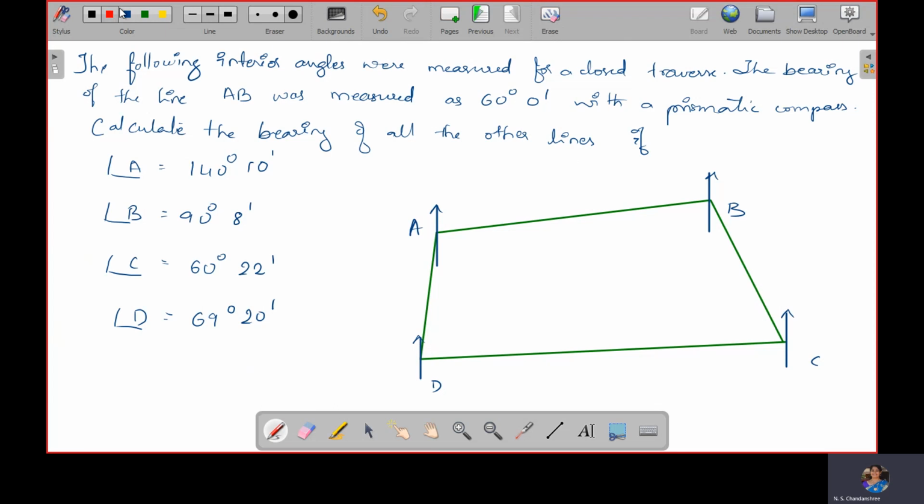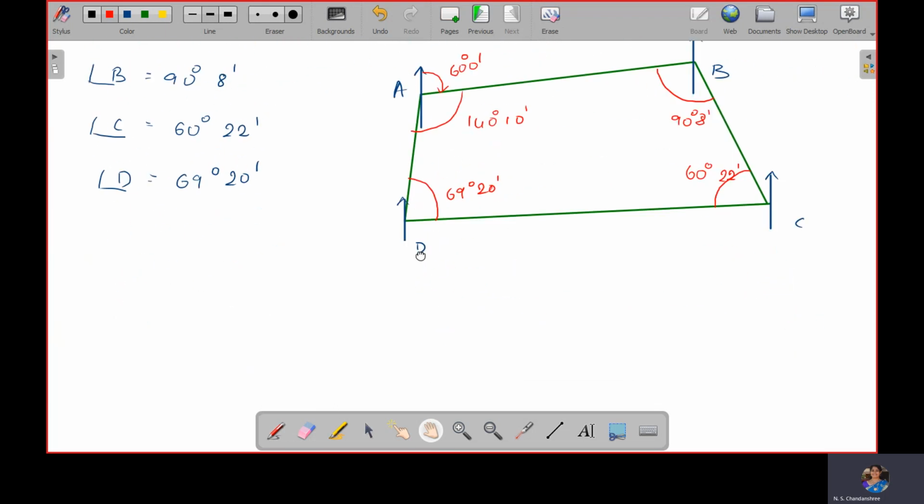They are saying that this first bearing is measured, that is 60 degrees 0 minutes. Angle A is 140 degrees 10 minutes. Angle B is 90 degrees 8 minutes. Angle C is 60 degrees 22 minutes. Angle D is 69 degrees 20 minutes. Now this is the data that is available with us.